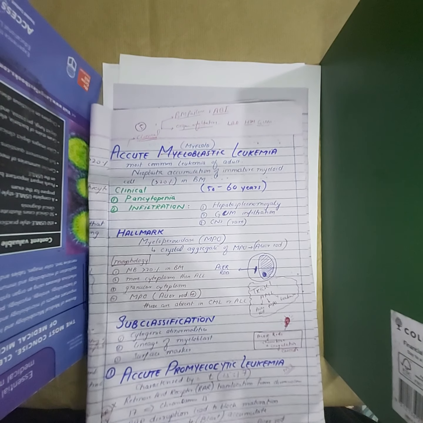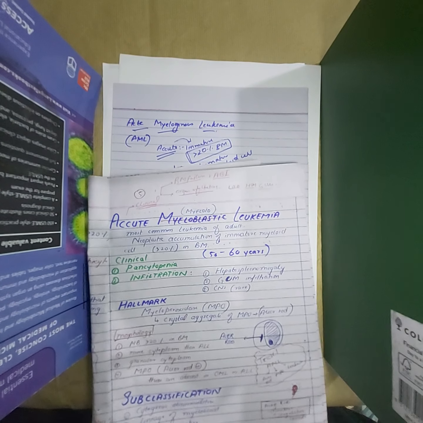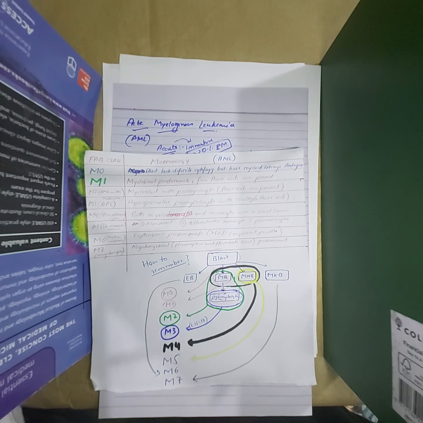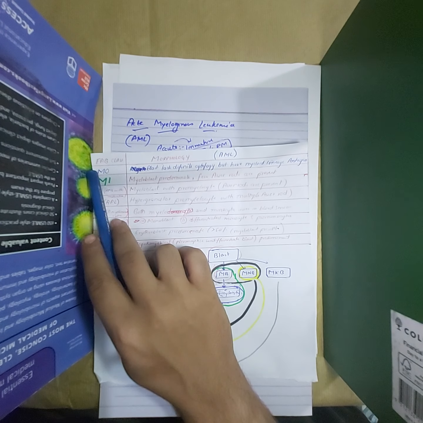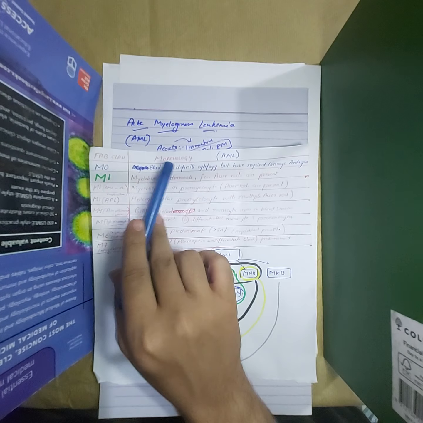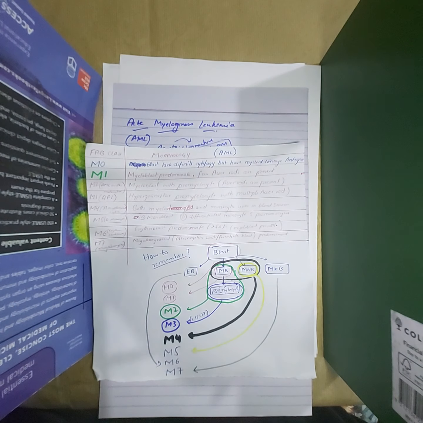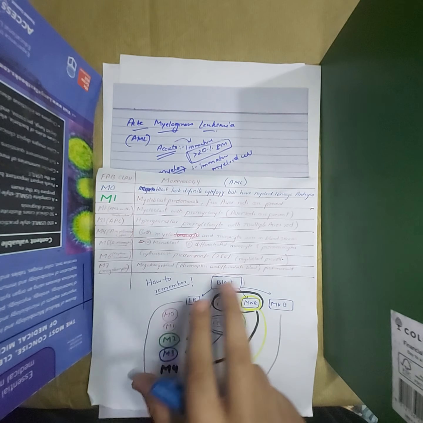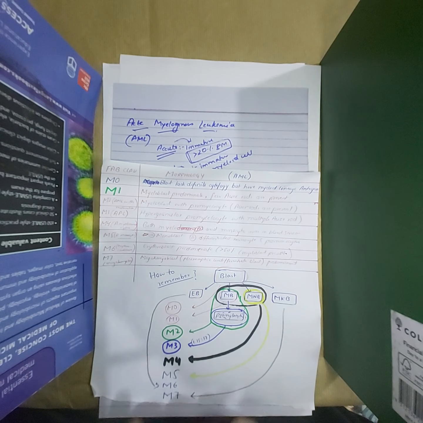which is, I think, the most important in the AML lecture. FAB means the French-American-British classification of AML. This is the simplest classification, and you can learn it within 5 minutes.